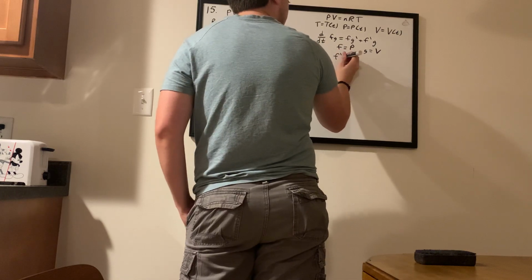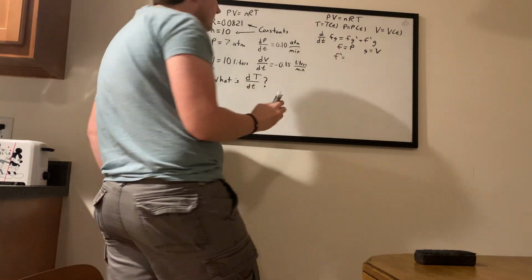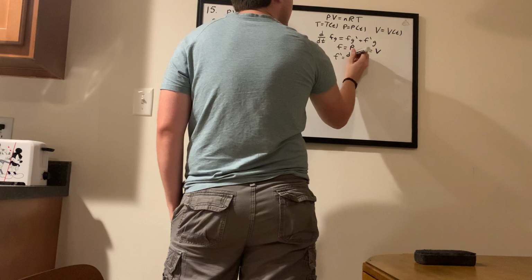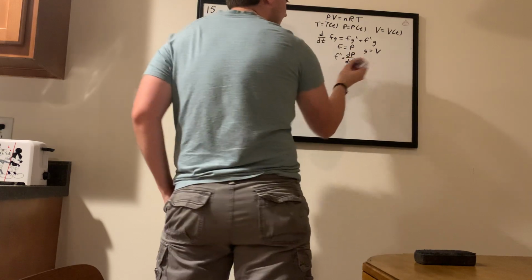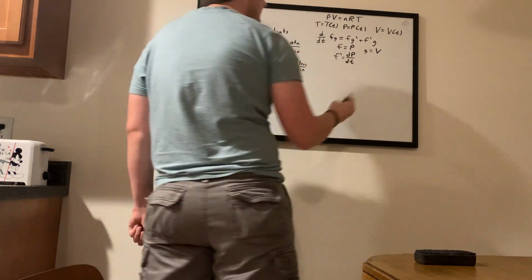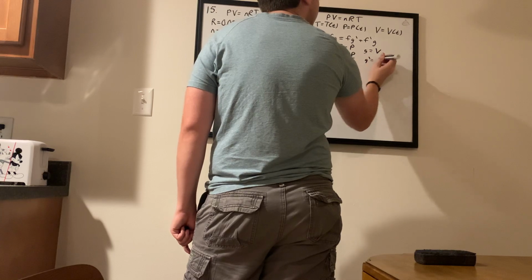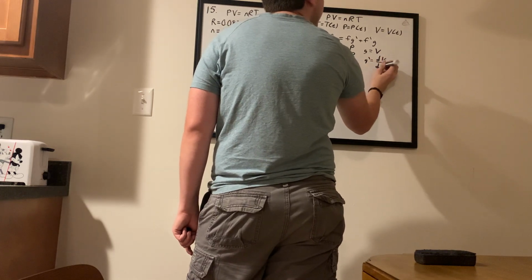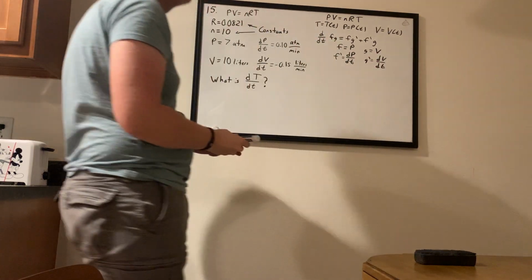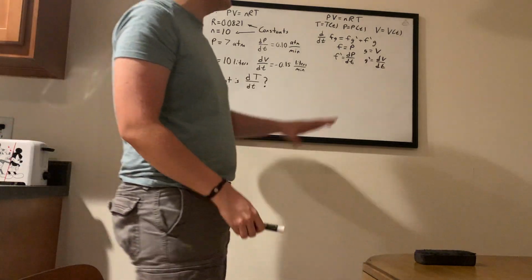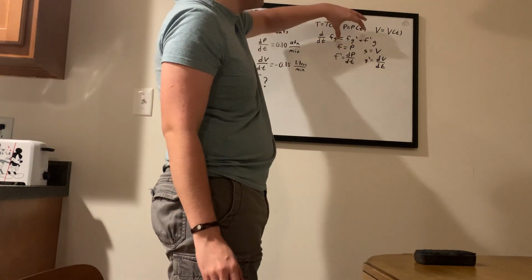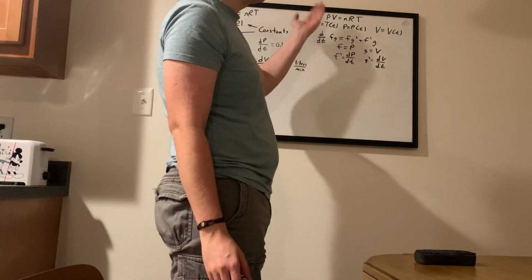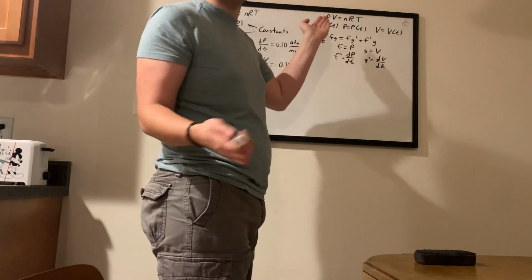F prime is equal to dP over dt, the derivative of P with respect to t. And g prime is dV over dt, the derivative of V with respect to t. Now we're going to take all this information and plug it in, and that will be the left side of this equation after we take the derivative.